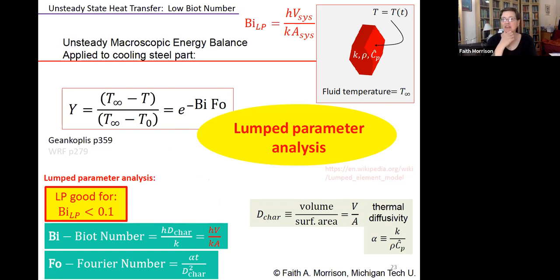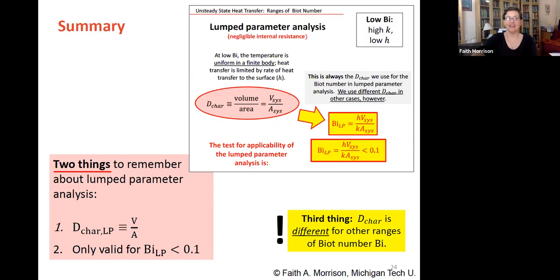A very, very simple result: Y equals e to the minus Biot number times Fourier number for the lumped parameter analysis. So when the Biot number is small, and by small, we check the lumped parameter Biot number being less than 0.1, it's a very simple solution. As I've said before, we only use that characteristic length scale for lumped parameter.